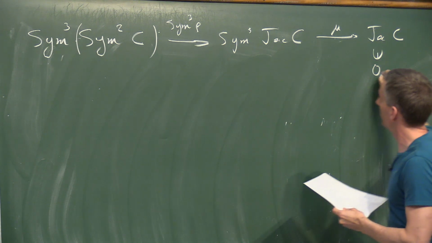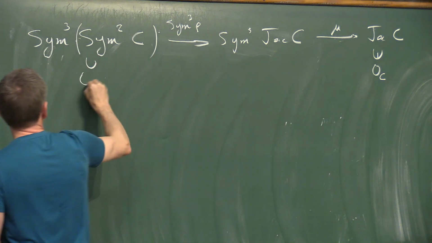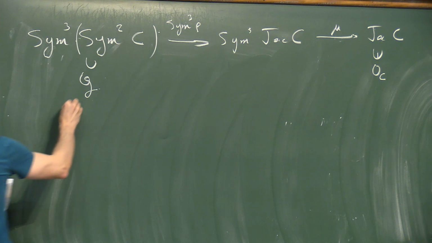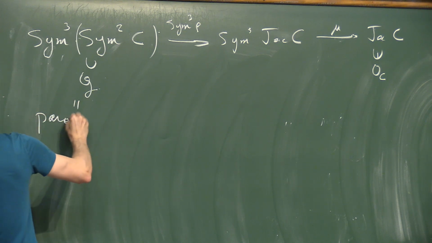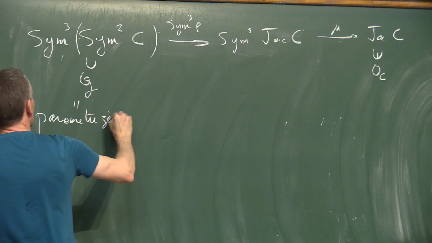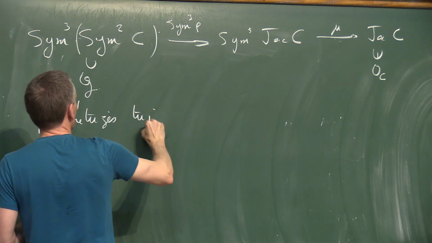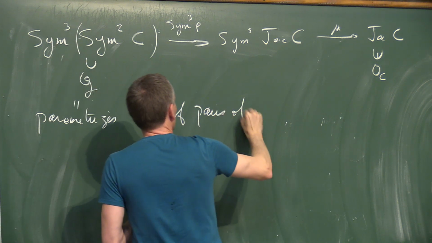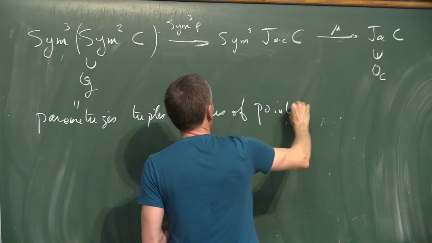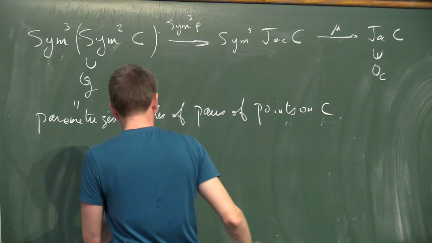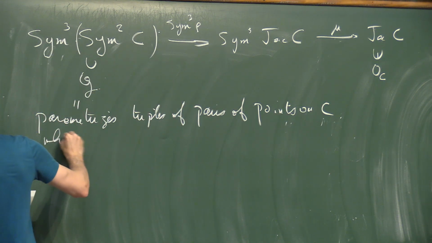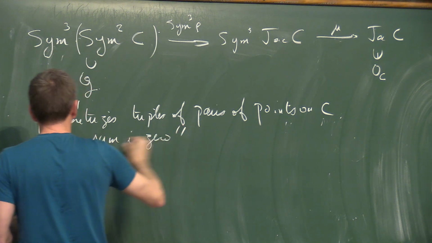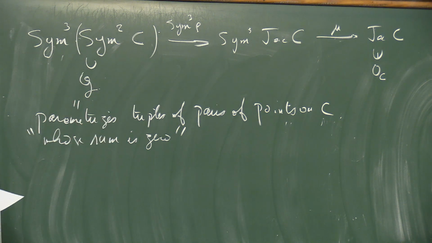Here, the fiber over 0 defines the variety G. What does it do? G parameterizes triples of pairs of points on C whose sum is 0, but when we compute it on the Jacobian.